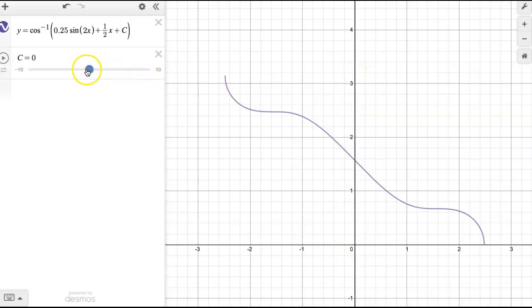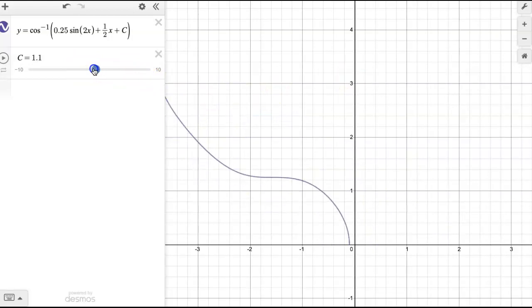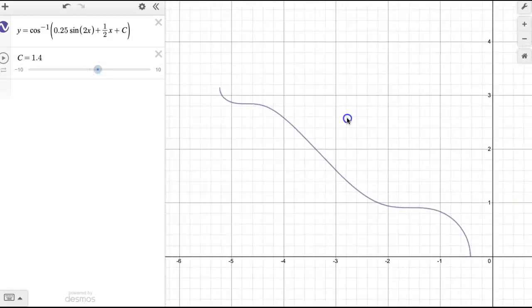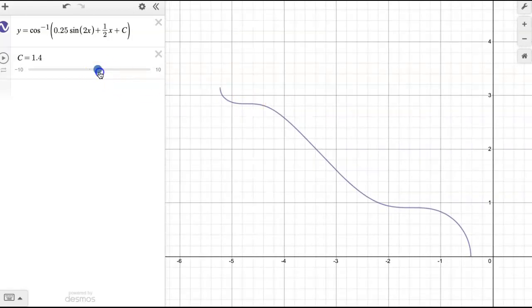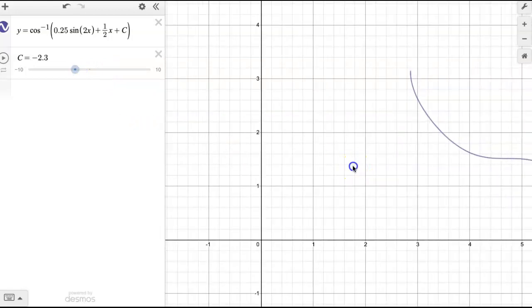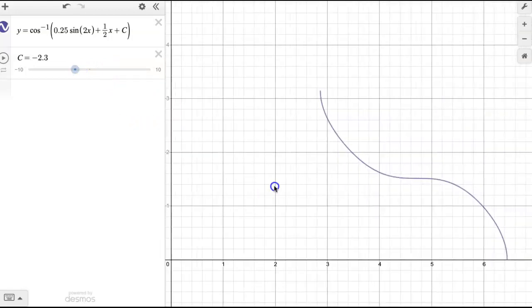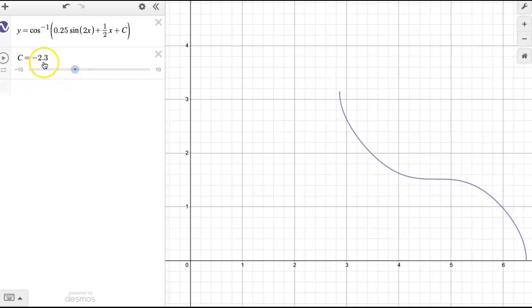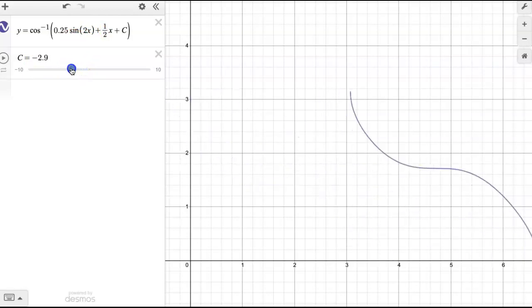Okay. Now, of course, if I slide this, you see how, as the values of c get higher, the more the graph moves to the left. I'll move this over so you can see what that looks like. The more this gets negative, the more it slides to the right here. And so depending upon what corresponding values of x and y we would have, that would let us know which one of these constants we would actually have here.